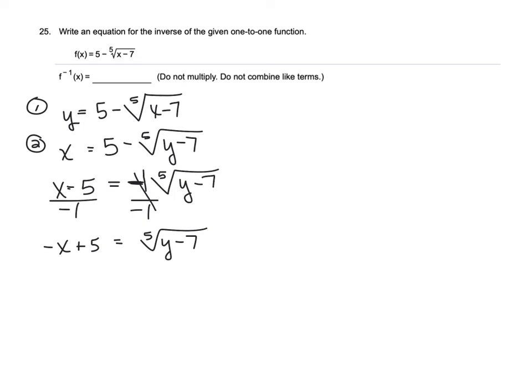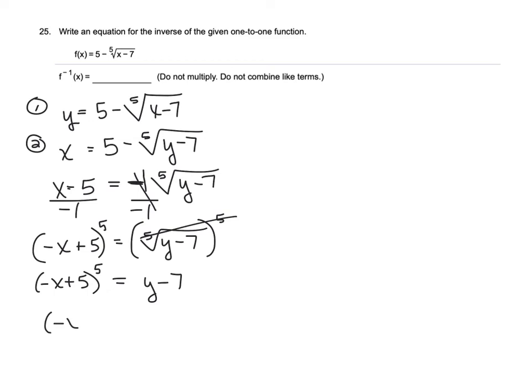Okay, so now we have the 5th root by itself, which is what we wanted. So to get y out from underneath the little radical sign, we can raise it to the same power, but we have to do it to both sides. These cancel and just give you y minus 7, which is great. Finally, we want y by itself, so we can add 7 to the other side.